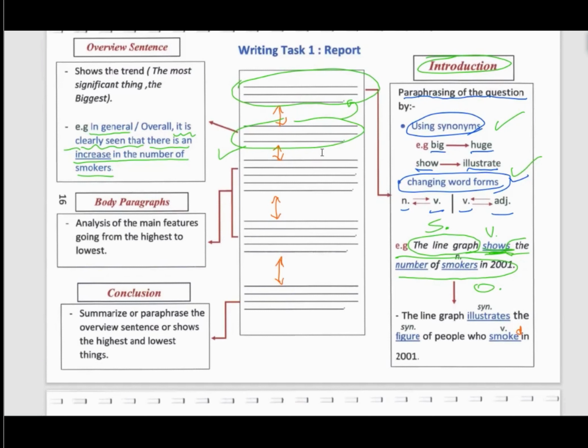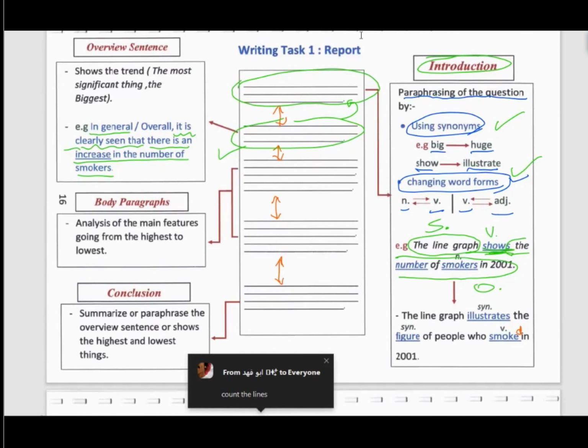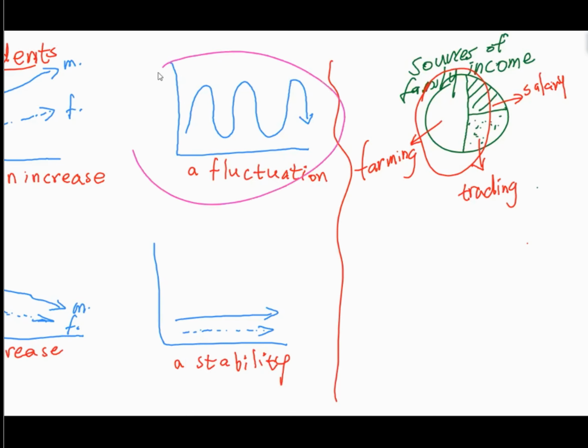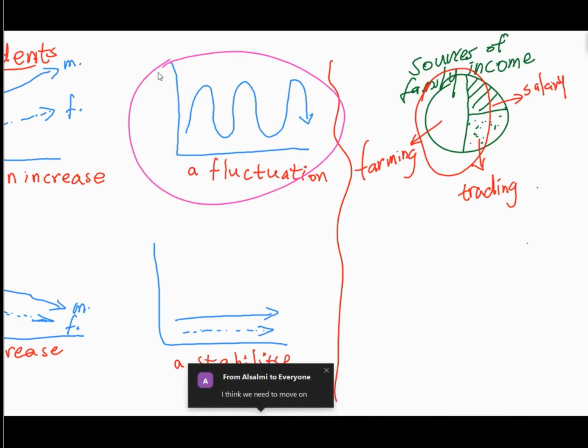Shall I give you one practice of an overview sentence? Or everything is clear? Okay, so let's do one from here. Write an overview sentence for this. It's about car accidents, okay?